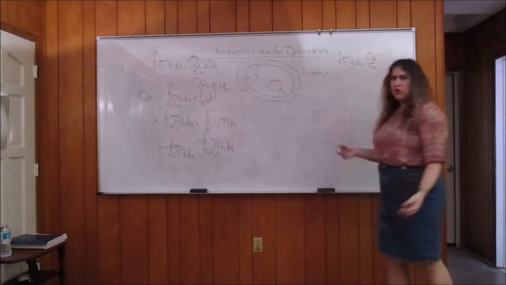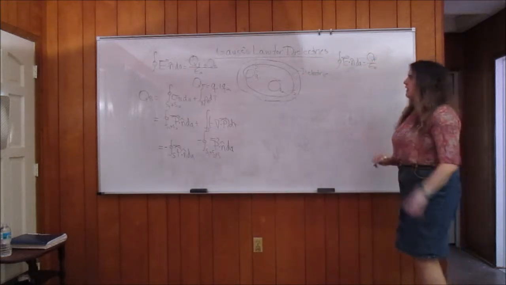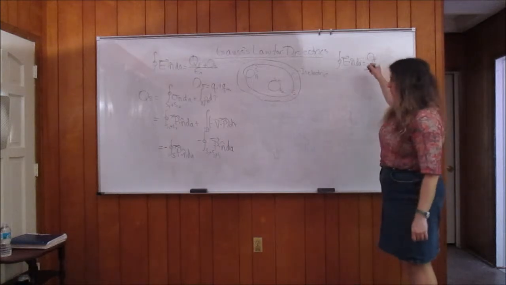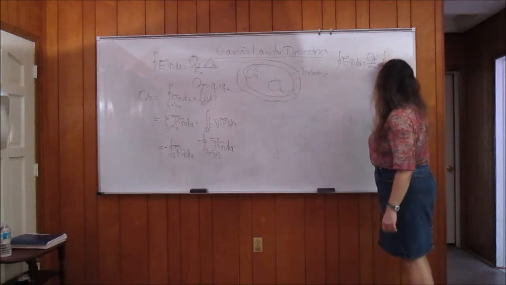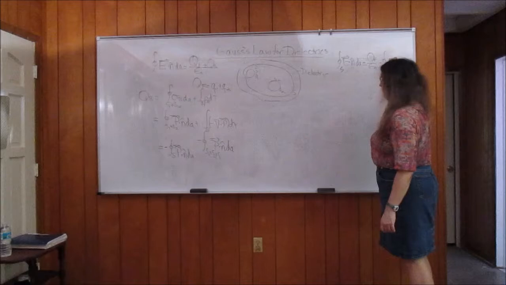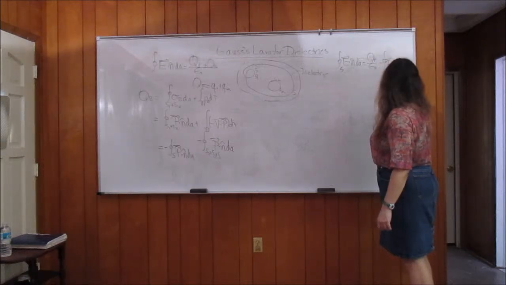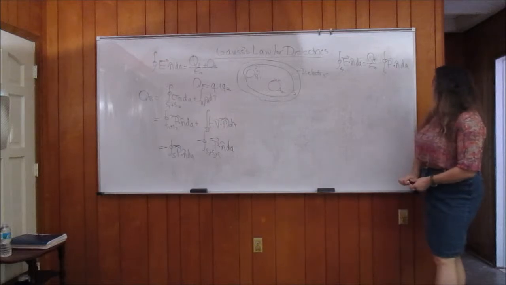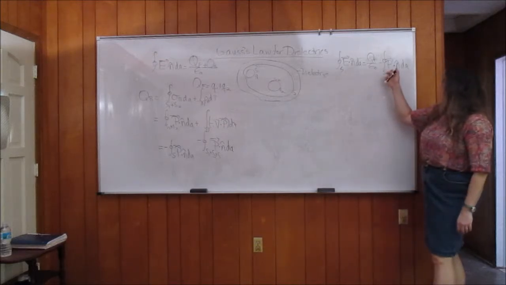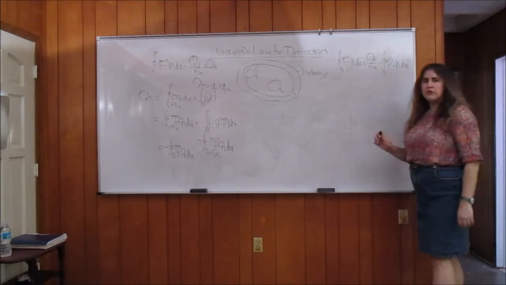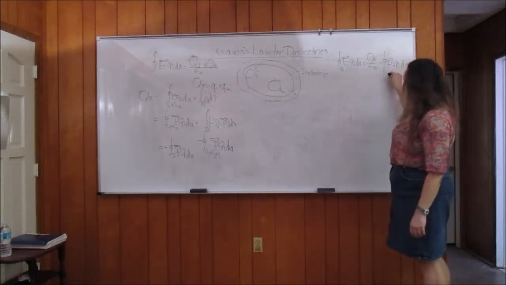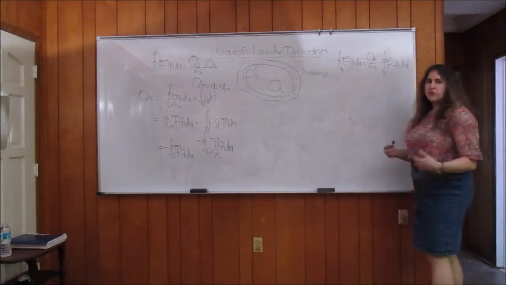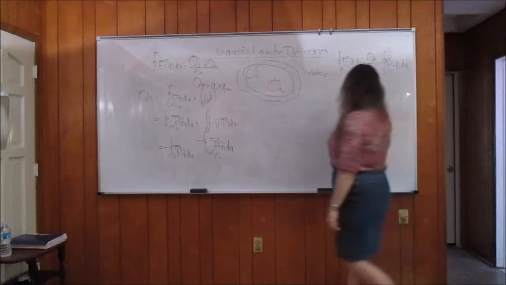I'm going to leave the free charge just as free charge rather than writing it out in terms. And then for my bound charge, I have minus the surface integral of the dot product of the polarization and the normal. I'm going to move this term over to the left-hand side and multiply through every term by epsilon naught.